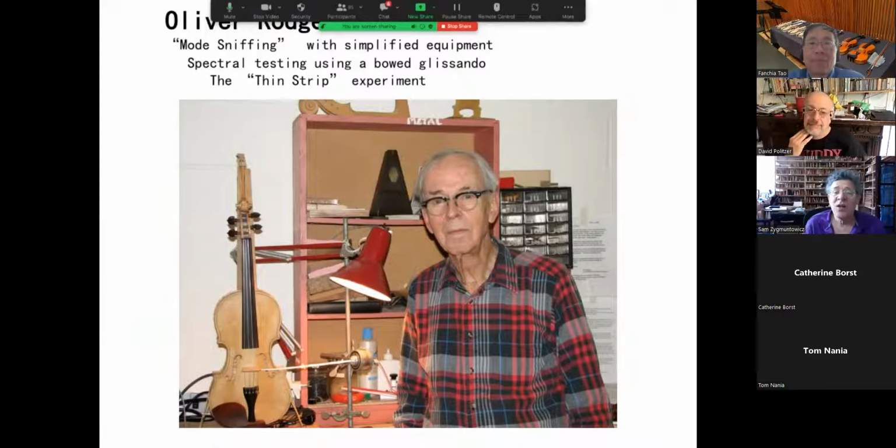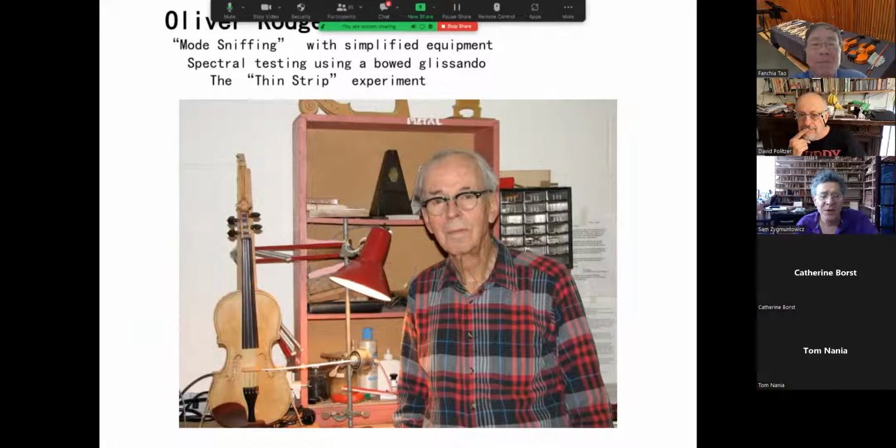And then I met Oliver Rodgers, another engineer involved with the Catgut Acoustical Society for a very long time, and he was always trying to make equipment that was very accessible to violin makers.